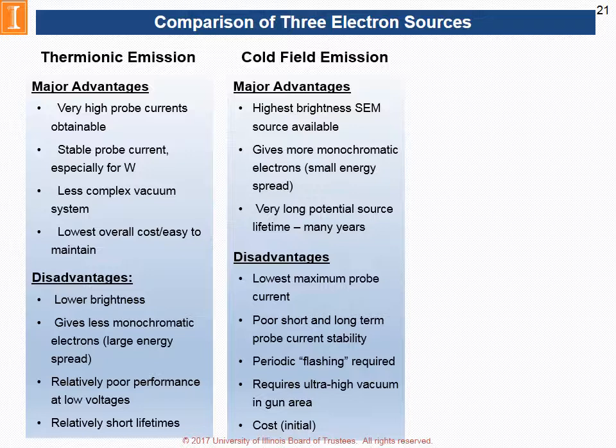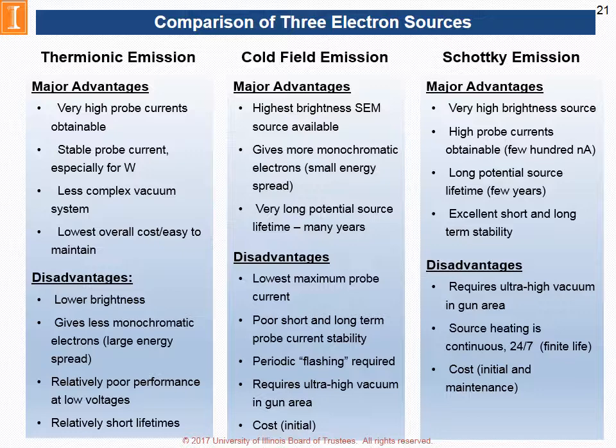However, the maximum probe current obtained in a cold field emission gun is low, which is a disadvantage for analytical purpose since the signals will be too weak for a quick analysis like mapping. Also, it requires ultra-high vacuum in the gun area, therefore the overall cost is much higher.